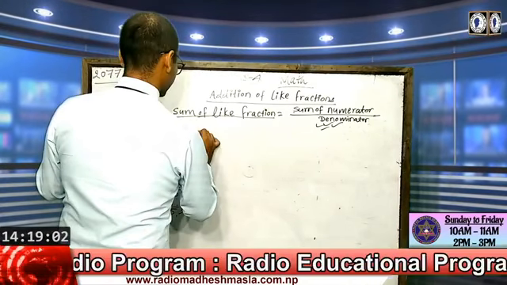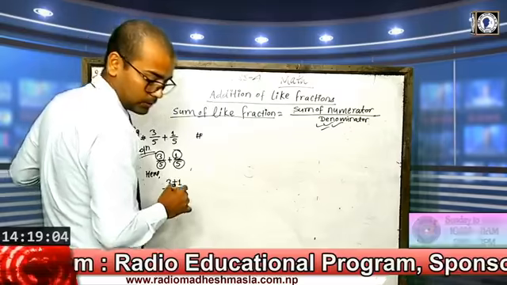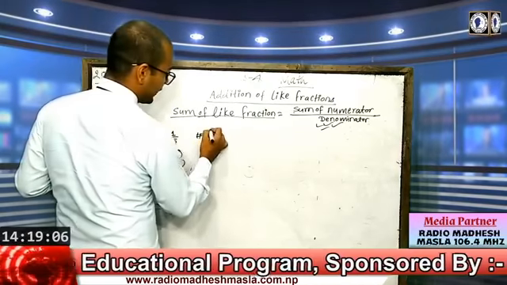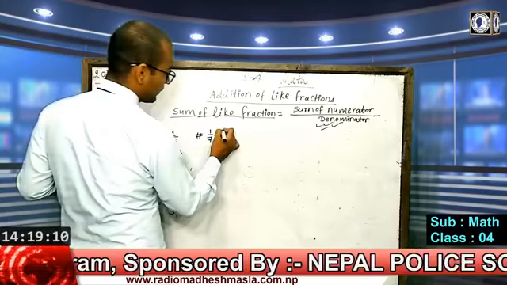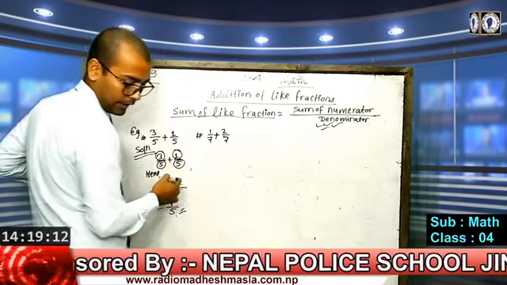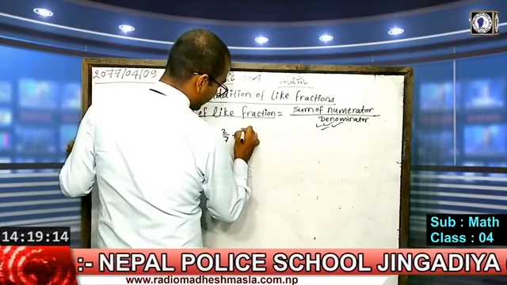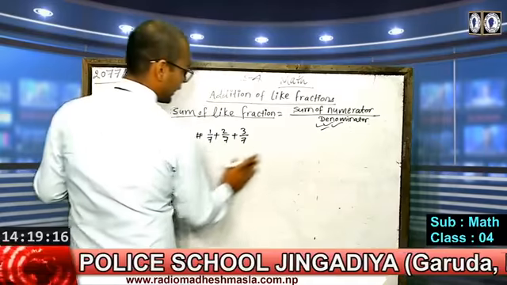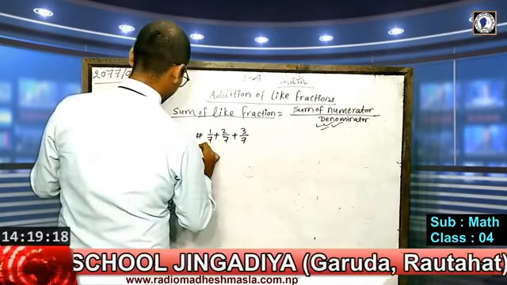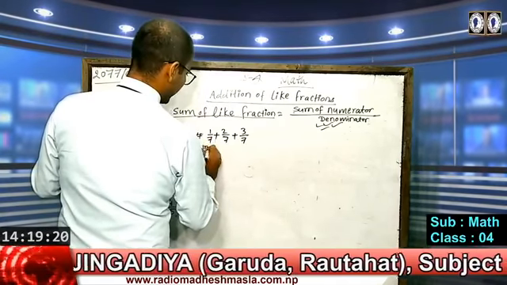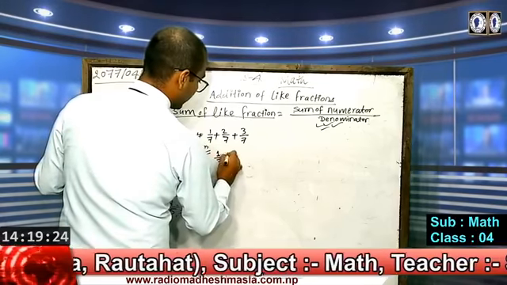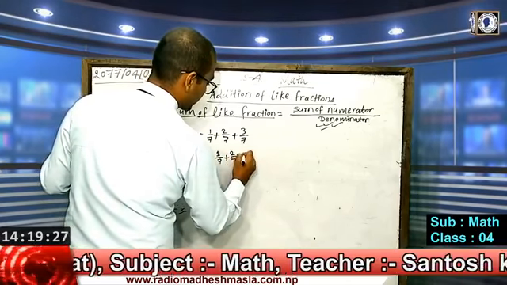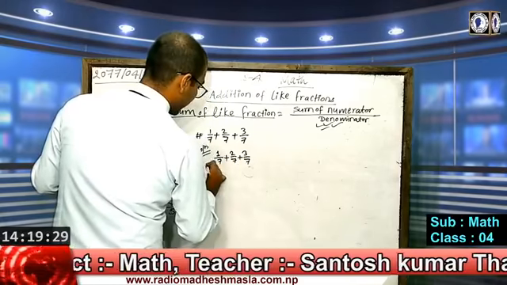Here suppose we have 1 by 7 plus 2 by 7 plus 3 by 7. So students, look here carefully and listen to me very carefully. Solution of 1 by 7 plus 2 by 7 plus 3 by 7 is here.